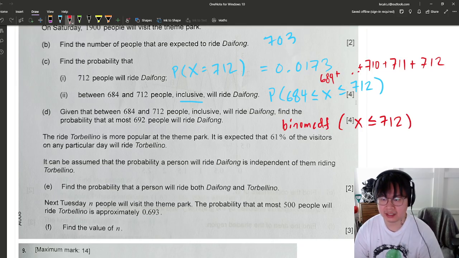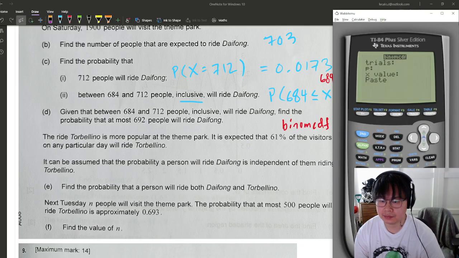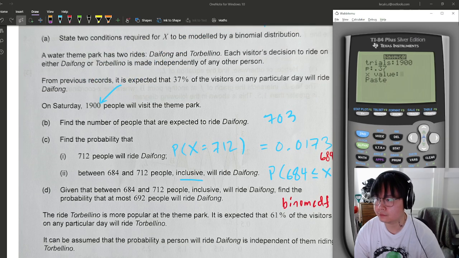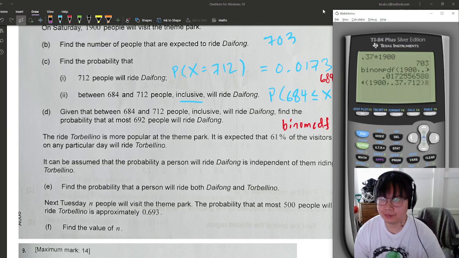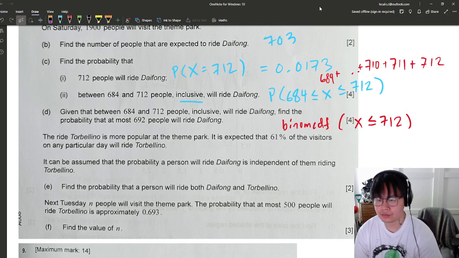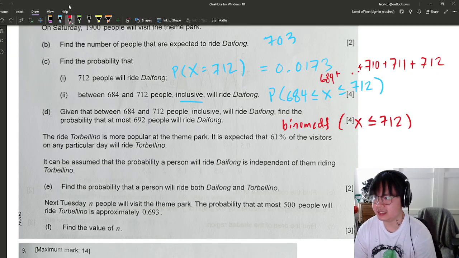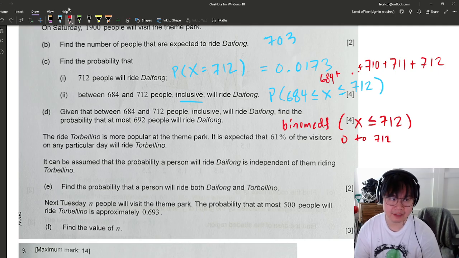So what I can do is this: 712. This is essentially going to add the probability of 0 all the way to the probability of 712.